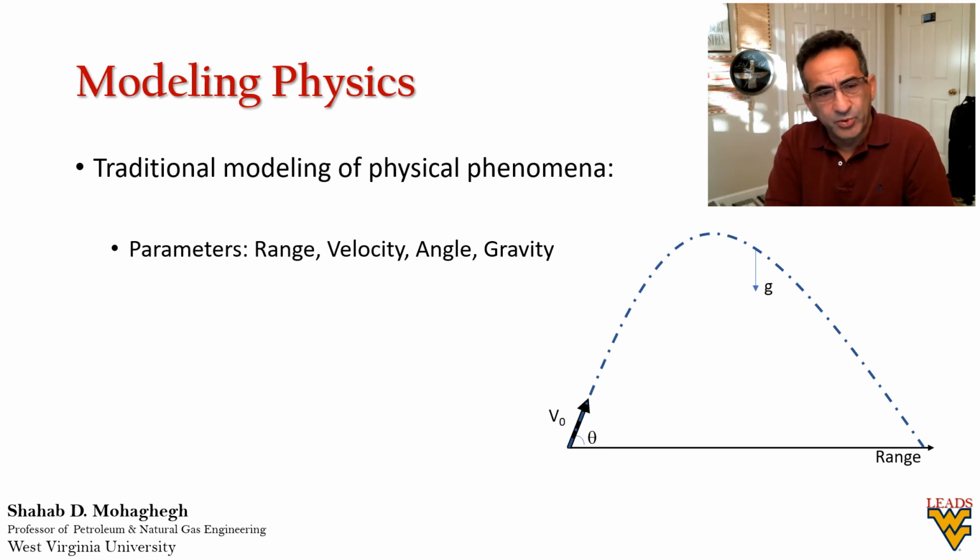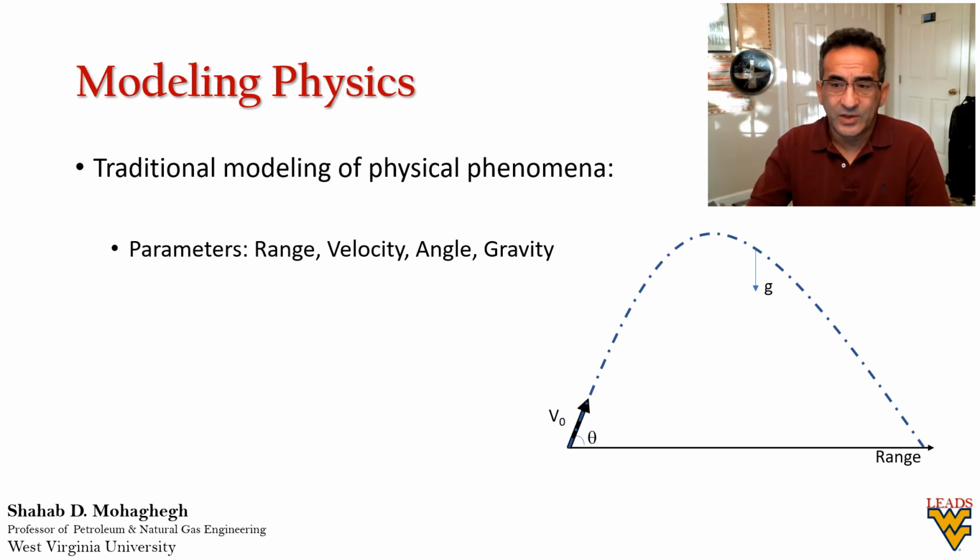Here is an example. This is using traditional modeling of this physical phenomenon, which is the trajectory. The parameters that are involved in this process are the range, that usually is the output that people try to calculate, and that is done through the velocity, mainly the initial velocity, and the angle, as well as the gravity.